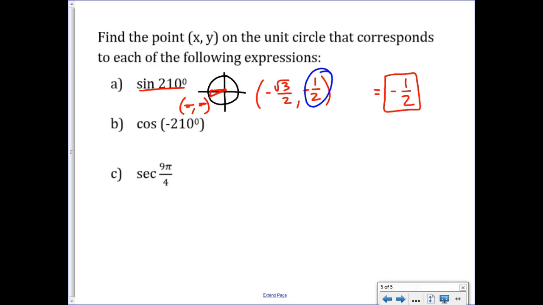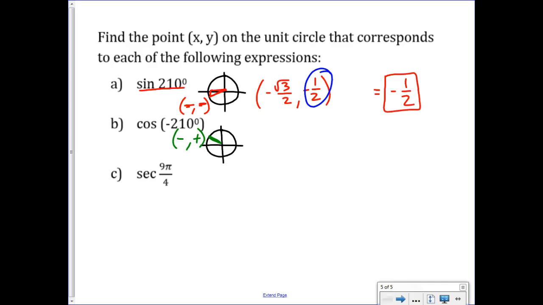All right, the cosine of negative 210 degrees. So now we have to think opposite direction. So negative 210 means I'm going to go clockwise 210 degrees. So I'm going 180 plus 30 degrees more. So I end up right here. So I'm in quadrant 2, which means it's going to be negative and then positive.